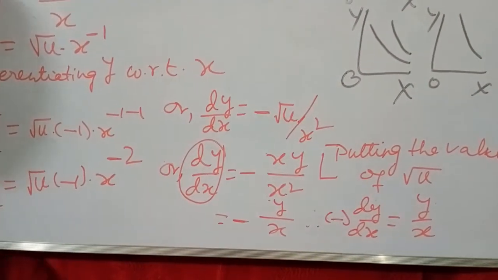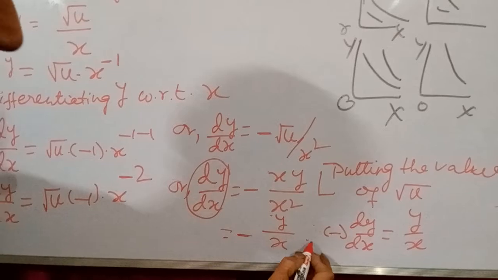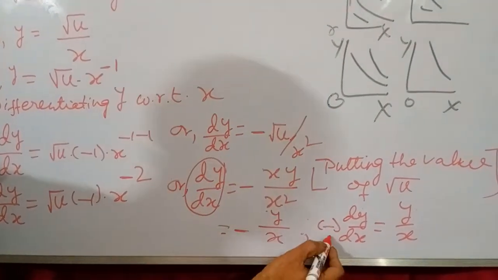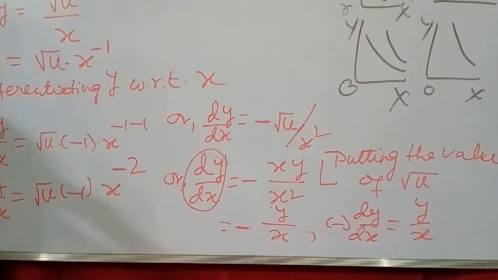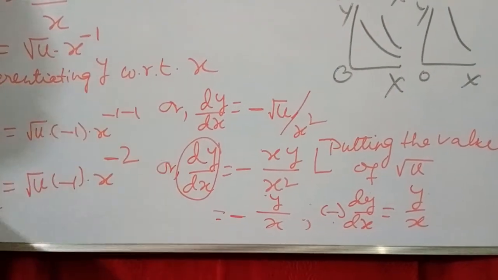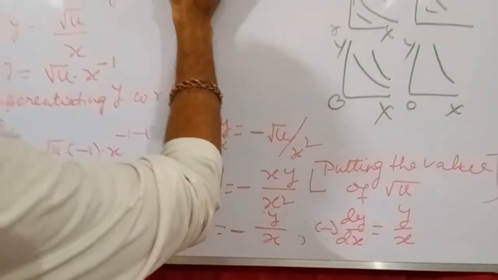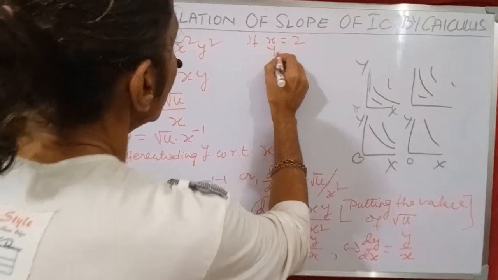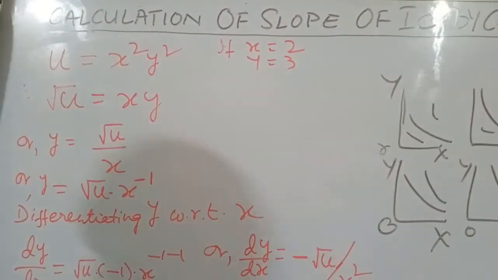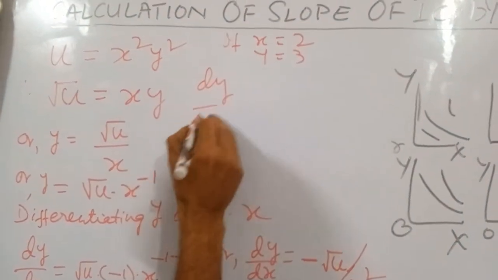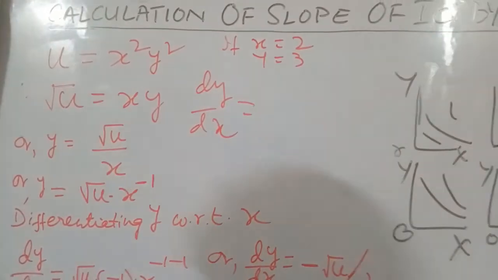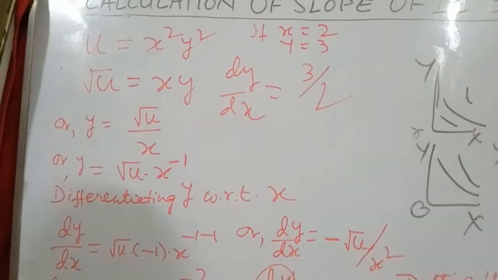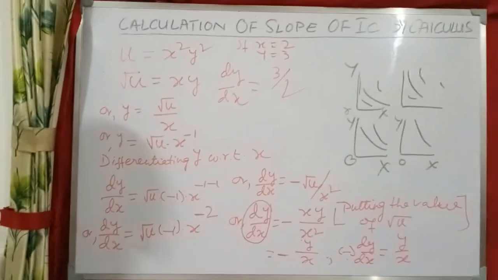But for all practical purposes, that is for doing sums or solving problems, this minus sign is ignored. Now suppose the values of x and y are given. Suppose x equals 2, y equals 3, therefore dy dx would be y by x, 3 by 2.